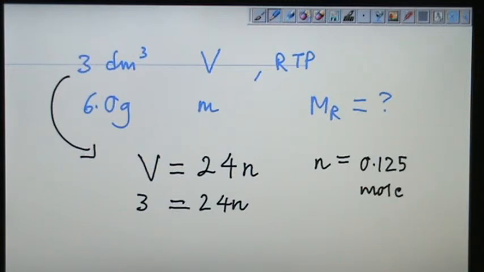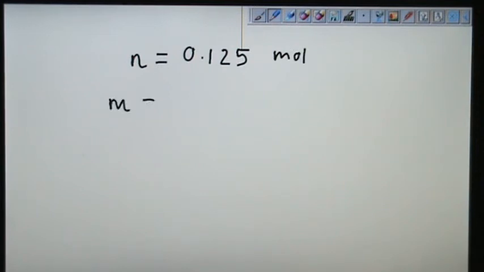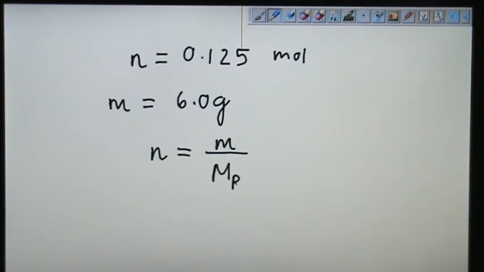Just remember the information, 0.125 mole. The mass is given as 6.0 gram. Now we need to use another formula which involves the actual mass over the standard mass, which is molar mass, because molar mass is what you're looking for.